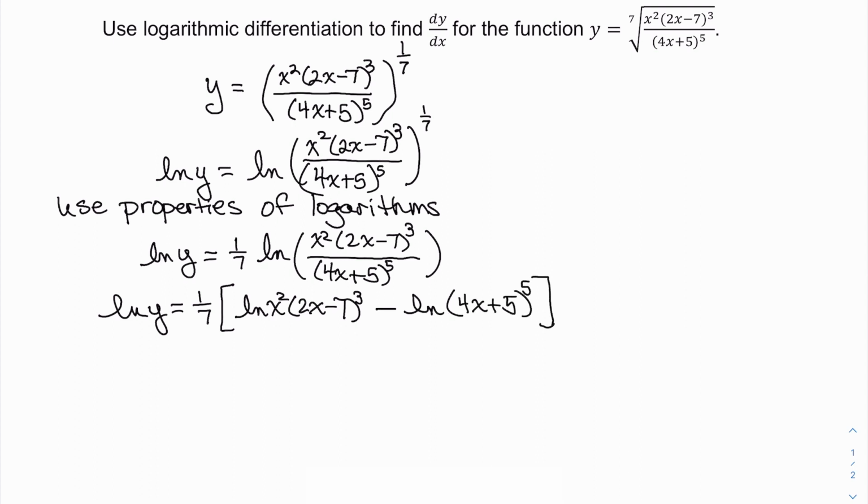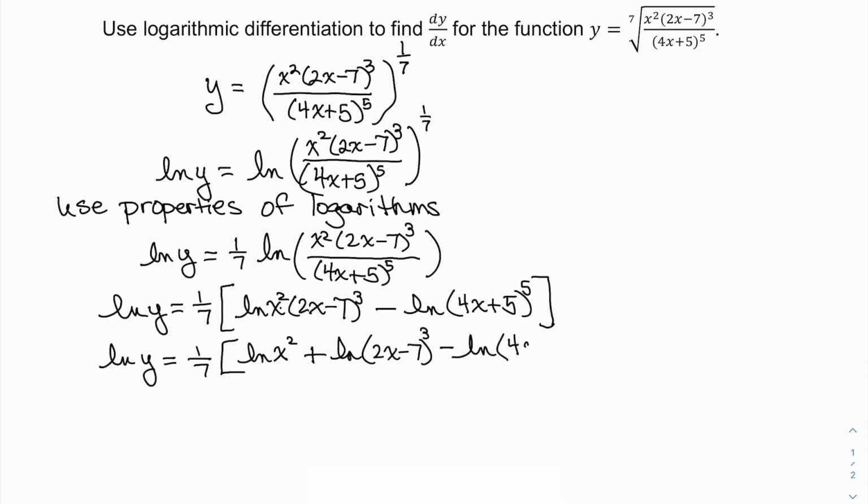Next, the natural log of a product is the natural log of the first factor plus the natural log of the second factor. So natural log of x squared plus the natural log of 2x minus 7 to the 3rd power minus the natural log of 4x plus 5 to the 5th power, and then I can bring the exponents in the individual terms down as coefficients in front of those terms.